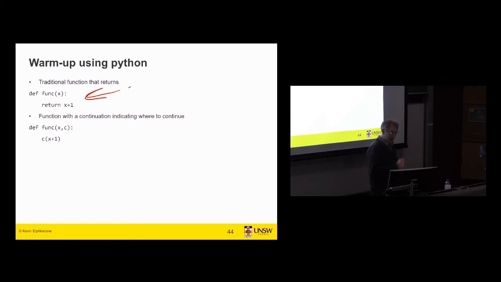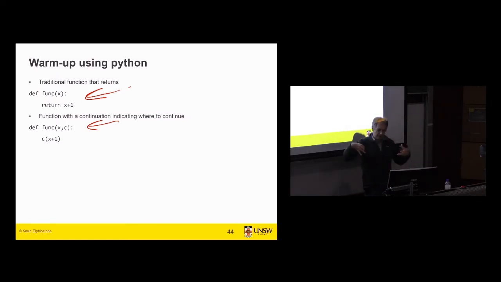Okay? The idea behind a continuation is that you specify what happens after whatever it is done and where to continue from. Okay? So here we have a continuation-like struct where we pass in the argument and we pass in the continuation of where we would like this function to go to when it's done. Okay? And in this example in Python, it's a function.